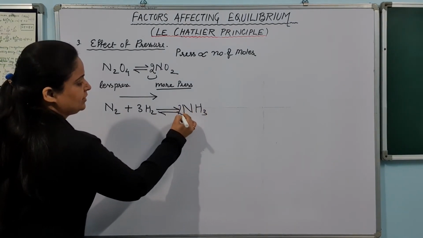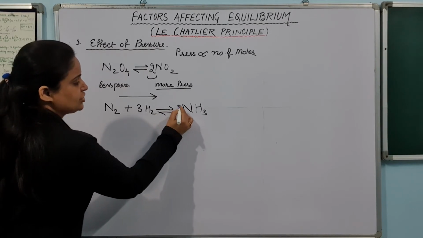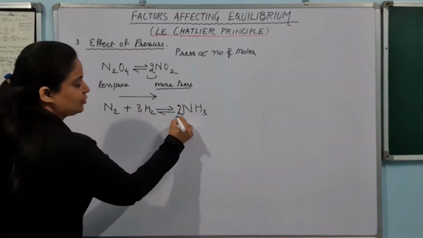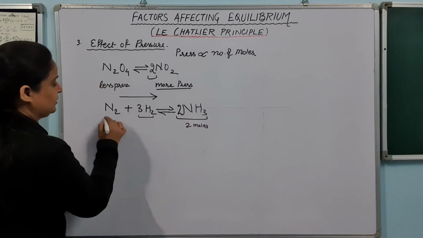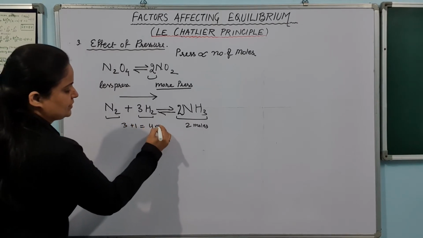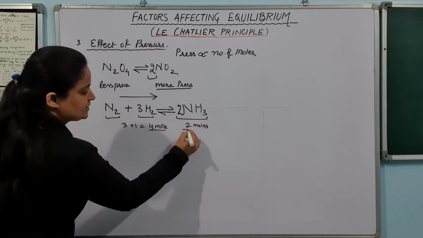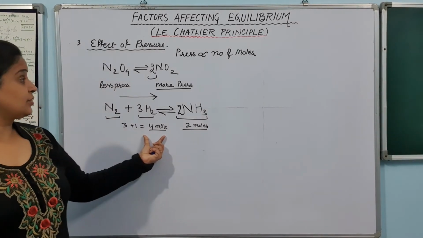Common example, N2 plus 3H2 equals 2NH3. First of all, count the number of moles. 2 moles, 3 plus 1, 4 moles. So you must be understanding here, the pressure is less on this side and pressure is more on this side.